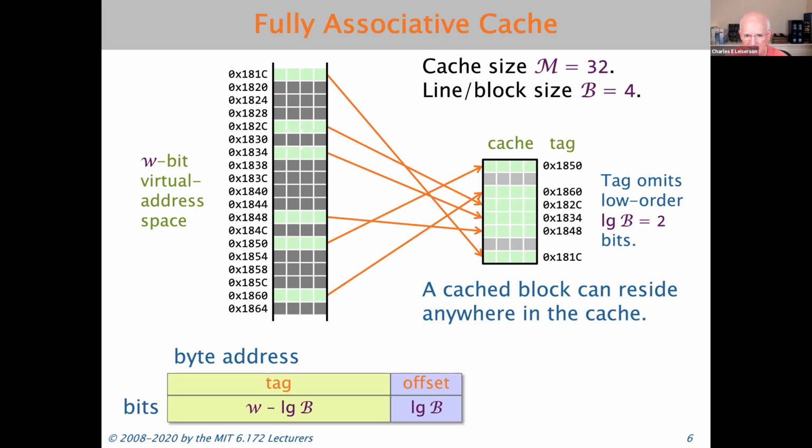The hardware typically speeds up the search for a tag using content addressable memory. That's a parallel circuit that allows all the comparisons between the tags and the given byte address being searched for to occur simultaneously.